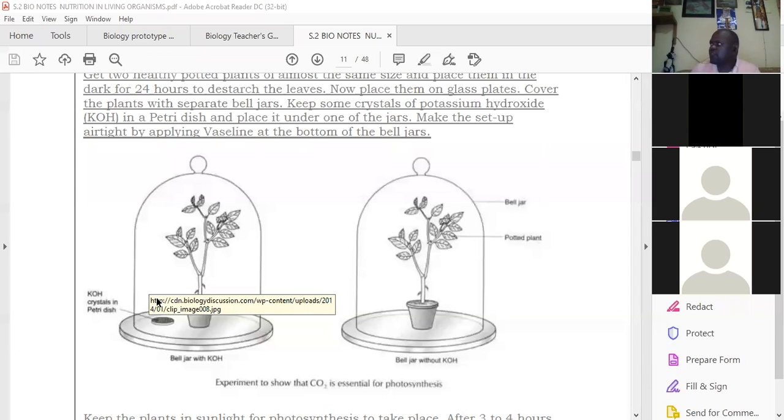sodium hydroxide, these are good at absorbing carbon dioxide, but this one is most effective. Potassium hydroxide is more efficient in absorbing carbon dioxide than any of those. We can use even lime water, but here we choose the one which is the best. Potassium hydroxide can absorb faster compared to the others. Sodium hydroxide can do the same, even calcium hydroxide, or what we call lime water.